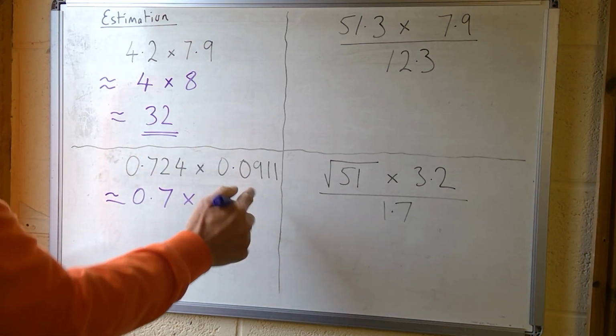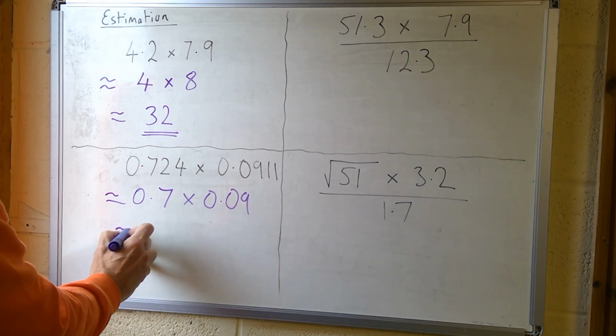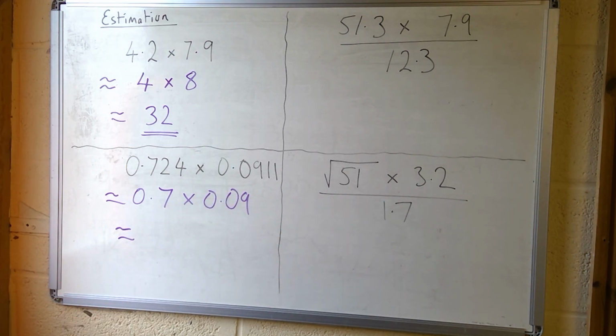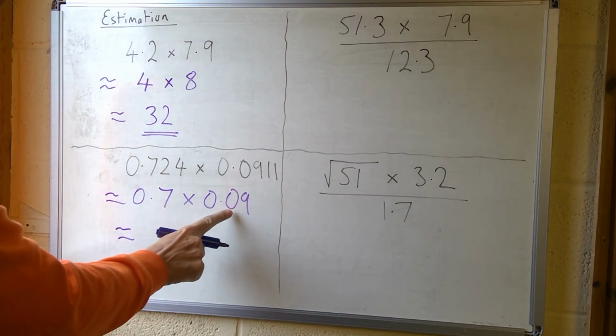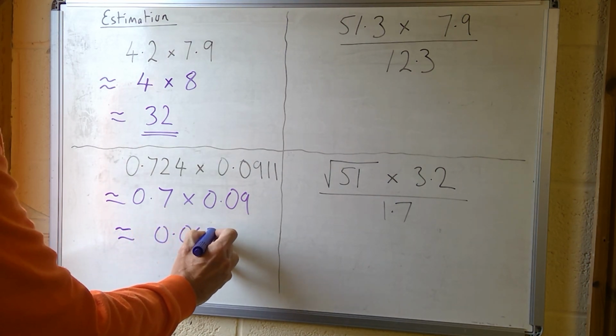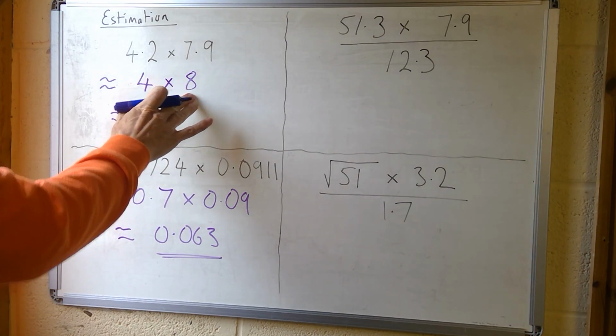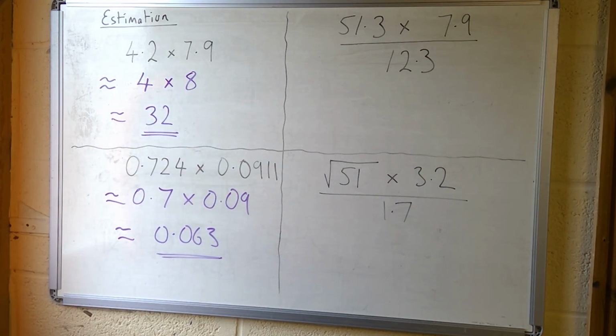So rounding it to one significant figure will be 0.09, and then 7 nines are 63, and there are 3 decimal places in the answer in the question, so there'll be 3 in the answer. So 0.063. So you can see it works with large numbers and small numbers.